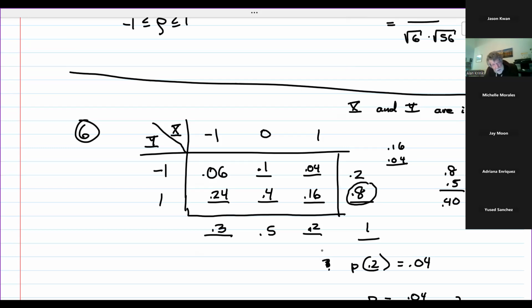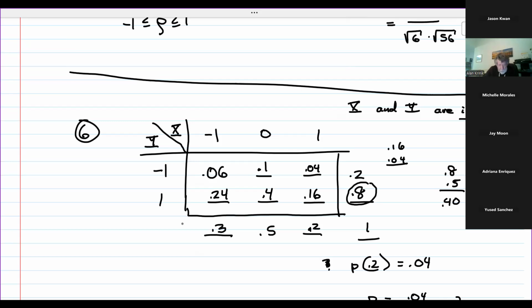So piece by piece, you can put it all together, but the key is the independence. If you overlook the independence, then you're stuck. How do we know it's right? Well, if this is right, it should all add up to 1 inside. But we already checked. This and this and this is 0.8, and this and this and this is 0.2. So all the numbers inside do add up to 1.